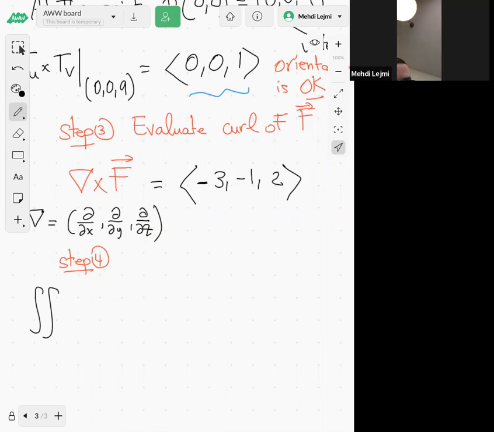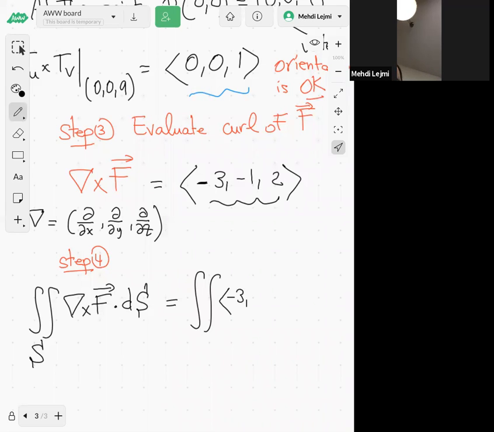So your vector field F is this one here, of course, along the surface S. So if you have x and y in this curl of F, you have to replace x, y, and z in terms of u and v, right? But here it's just a constant, so we don't have to replace anything.